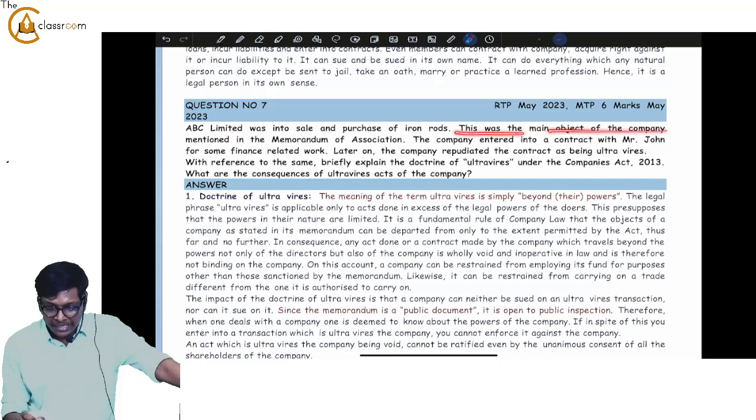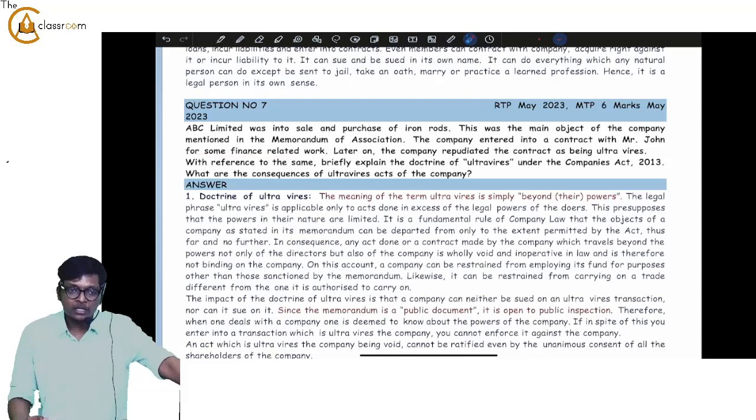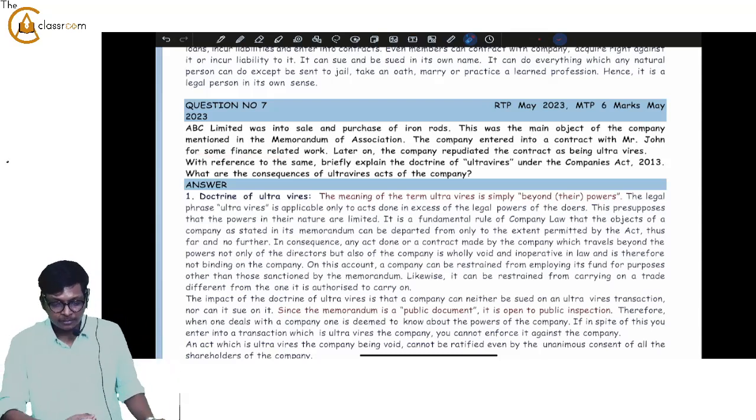ABC Limited was into sale and purchase of iron rod. This was the main object of the company in the memorandum of association. The question is on doctrine of ultra vires. The company entered into a contract with John for some finance related work. Finance means taking a loan.